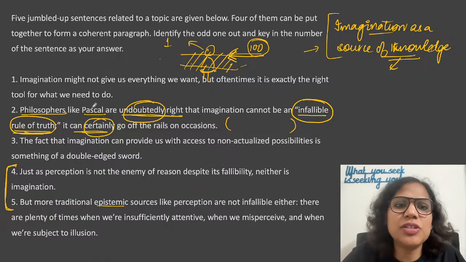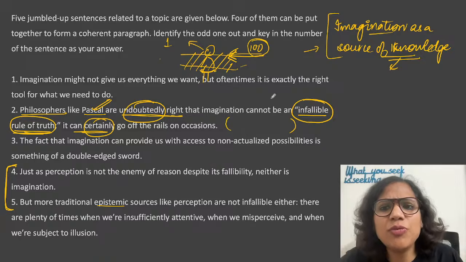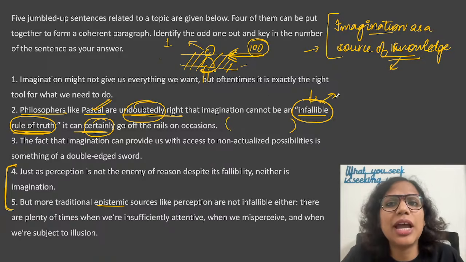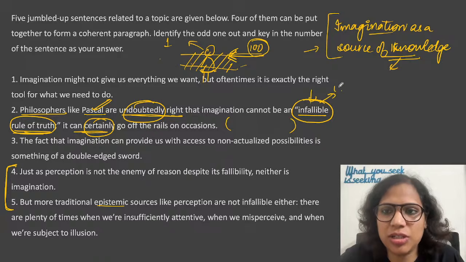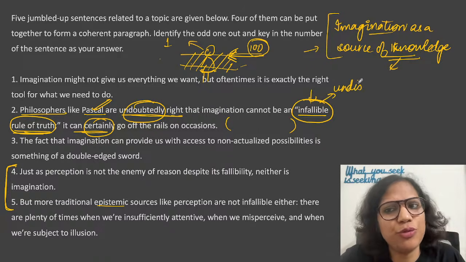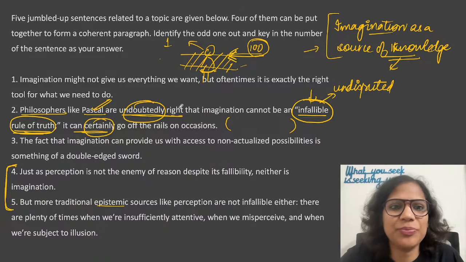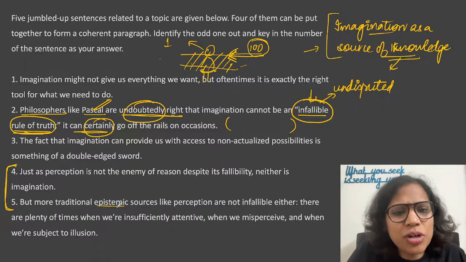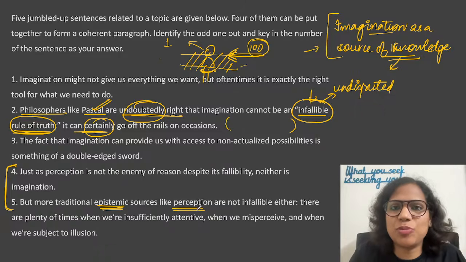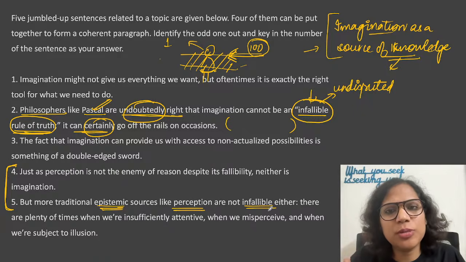So philosophers like Pascal are undoubtedly right कि हाँ वो infallible source नहीं है. It's not the kind of rule of truth that cannot be disputed. It's not undisputed. Fine. Now, but more traditional epistemic sources like perception, what I see, what I hear, right? They are also not infallible.